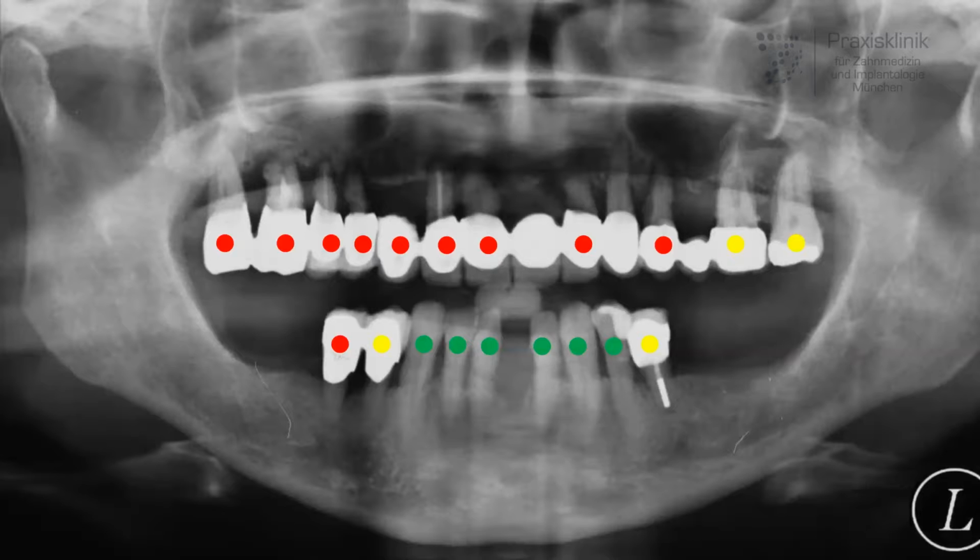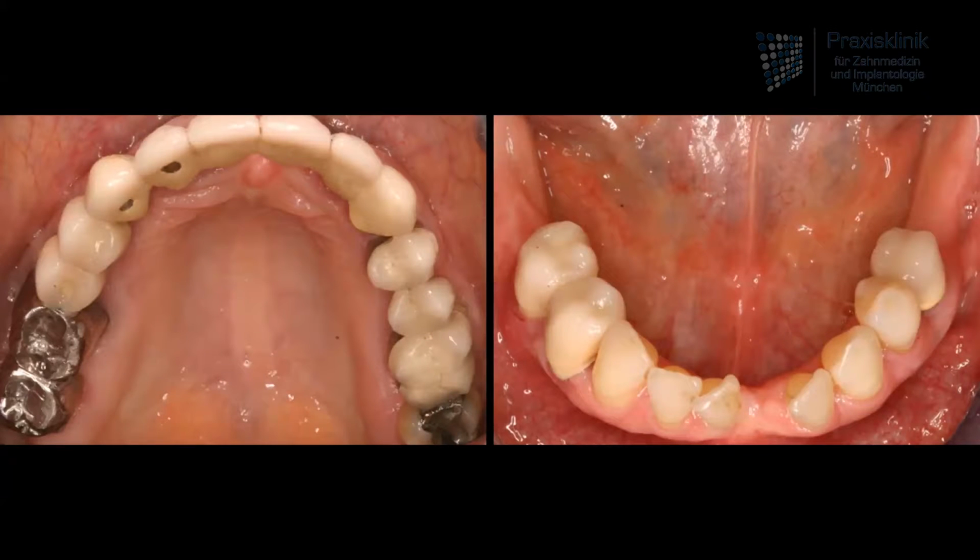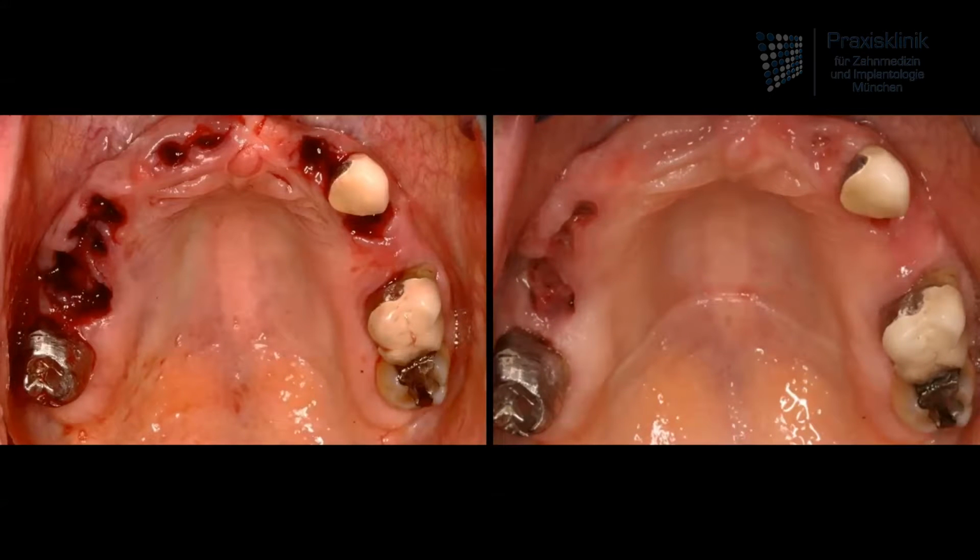After applying this kind of traffic light identification system, we start with the first treatment step. And that means that those teeth which are identified as desperate teeth in the first step will be extracted. The left picture shows the situation immediately after extraction.